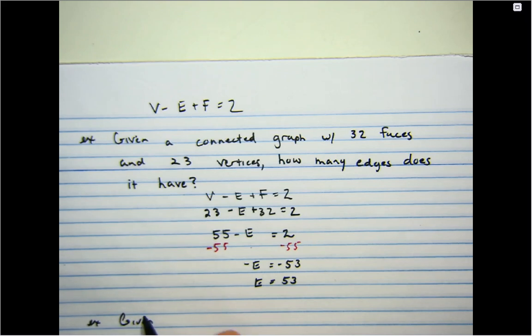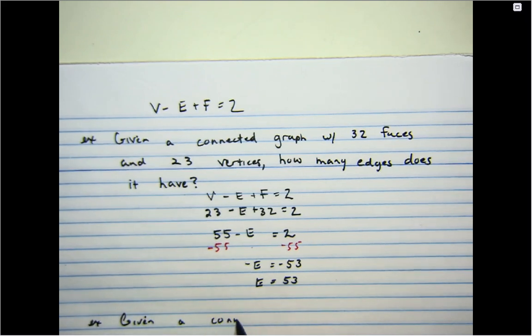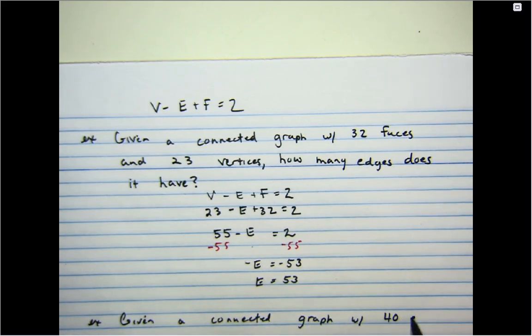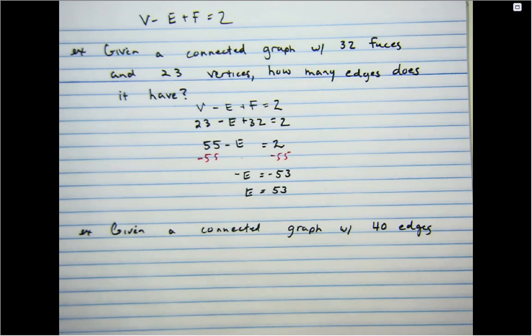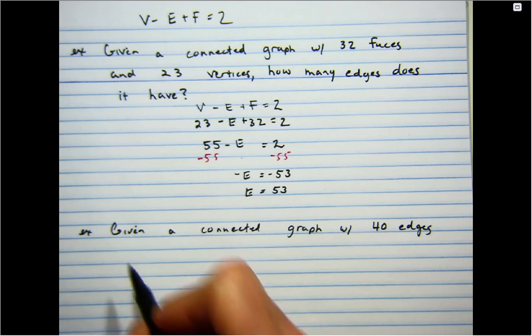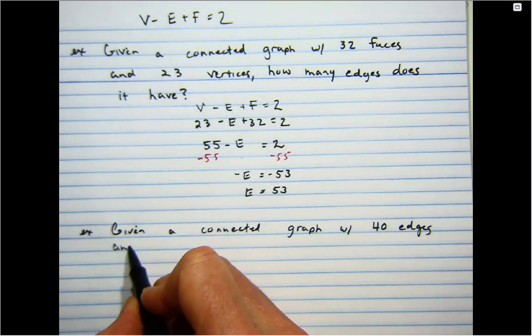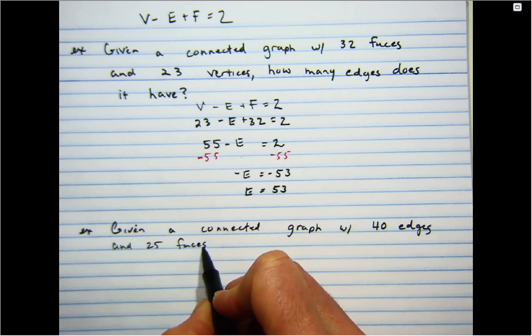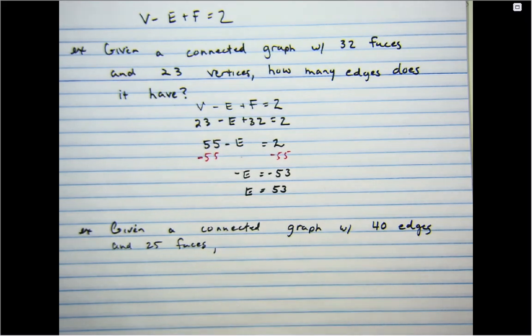So given a connected graph with 40 edges and 25 faces, how many vertices does it have?